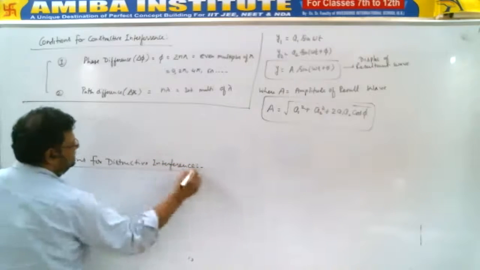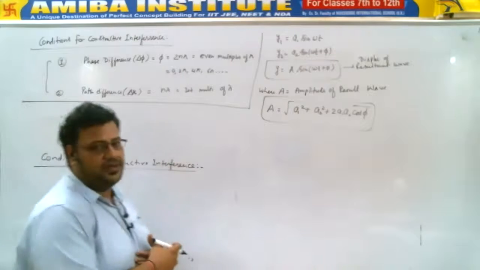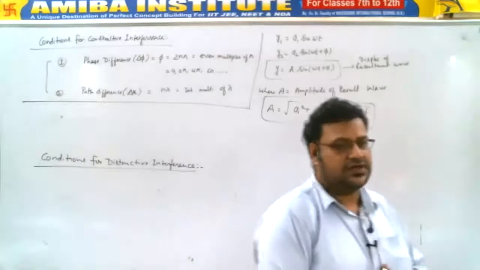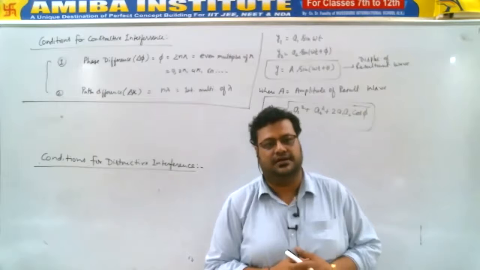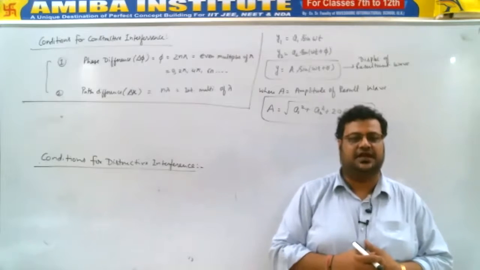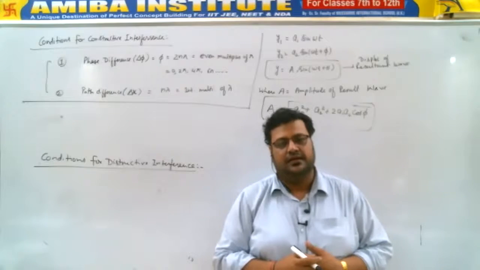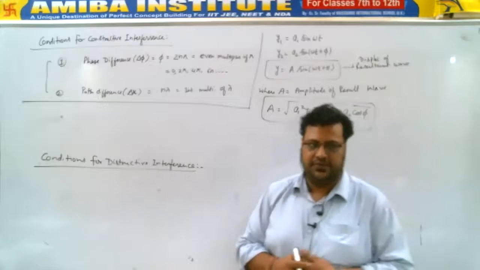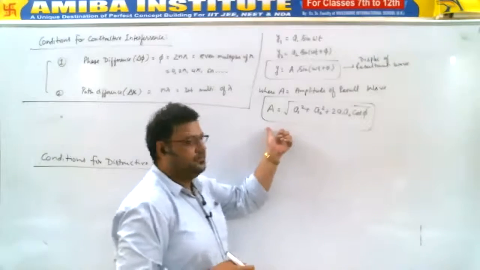I'm again explaining what we mean by destructive interference. Destructive interference means where the resultant intensity of the light should be minimum, right? That means the resultant A should be minimum.